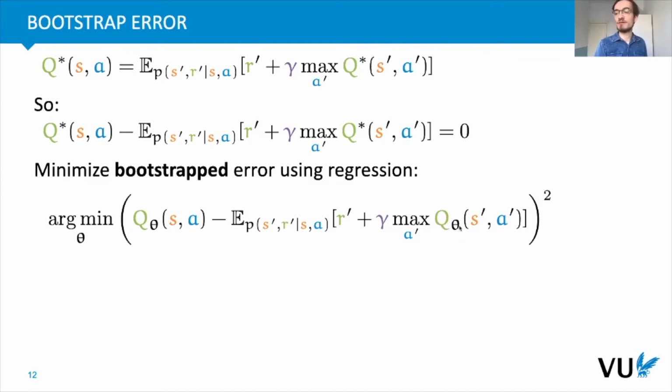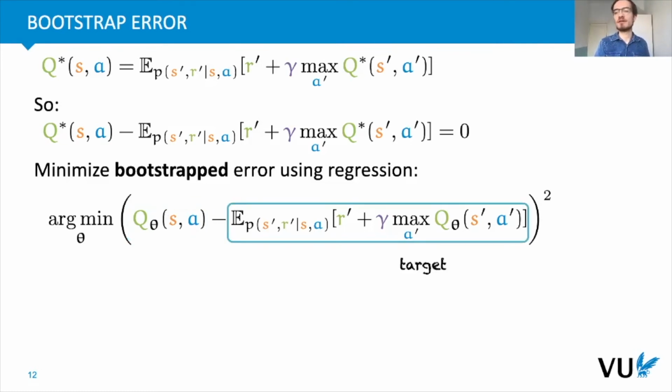Note here that you use the parameter theta both here and here. So we can just compute this using a neural network. And how is this a regression? You can say that this is a prediction. We predict that the Q value of this state and action is going to be this value, and then we check it against the target, which is this other value. We see how close they are. How can we regress them together? How can we minimize that difference?